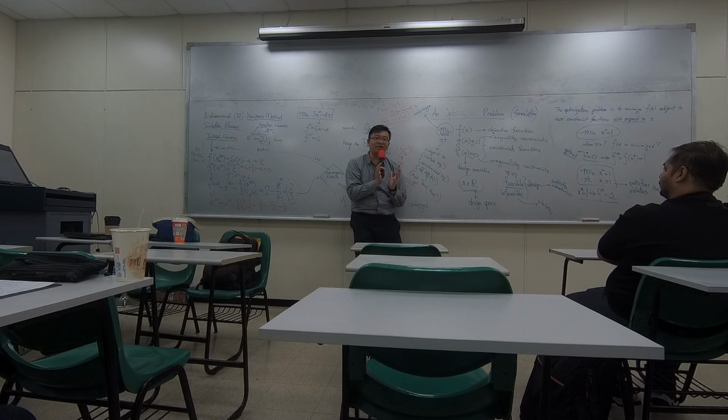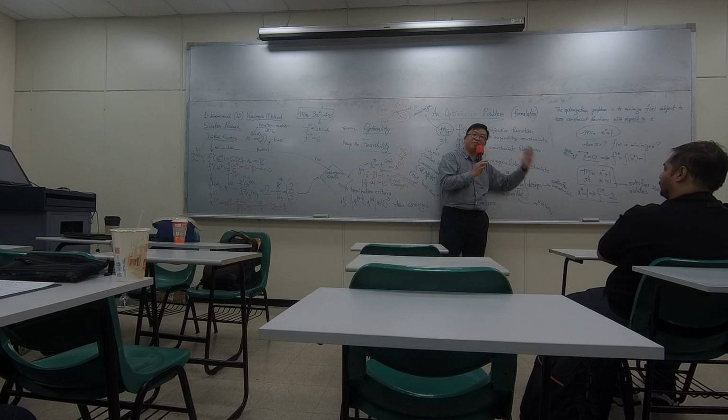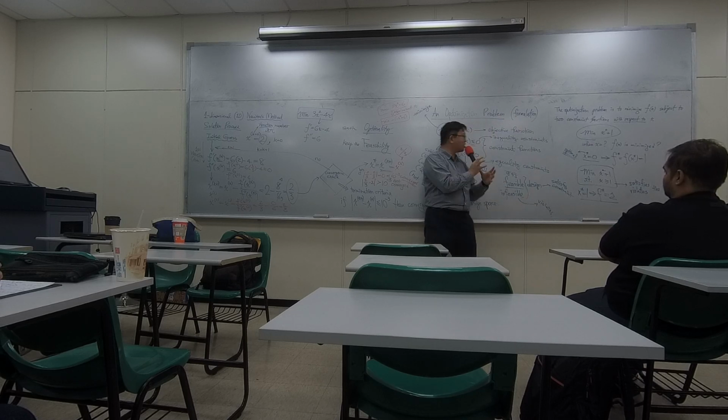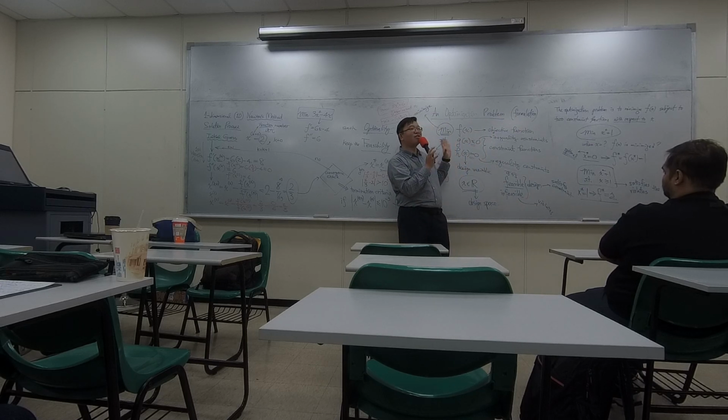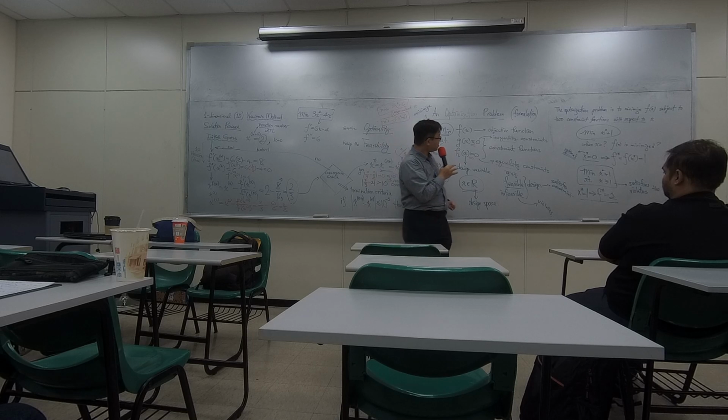Some part is feasible, some part is infeasible. The feasible designs satisfy the constraints, but not every one of them is optimal. They're just satisfying the constraints. They're safe designs, but not the best. The infeasible designs violate the constraints. It's like a dangerous design, violating the rules. Definitely not the solution. Okay?